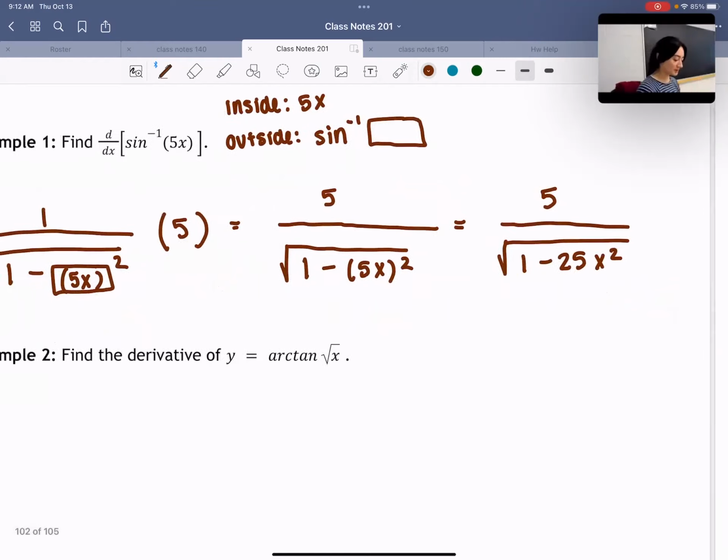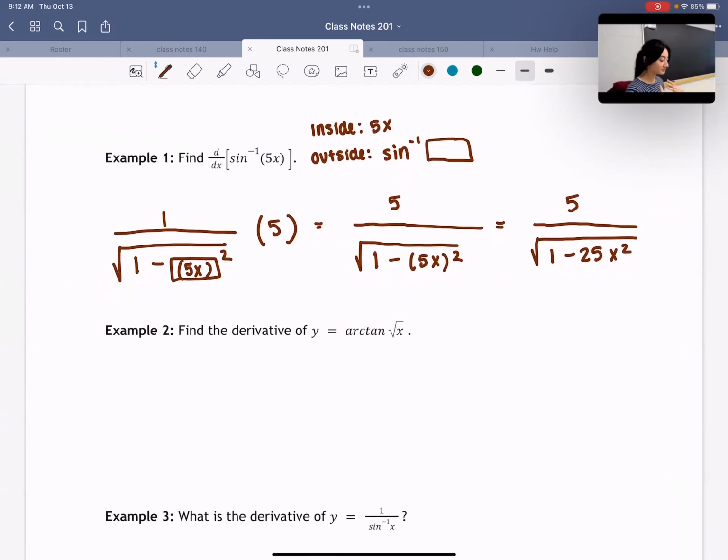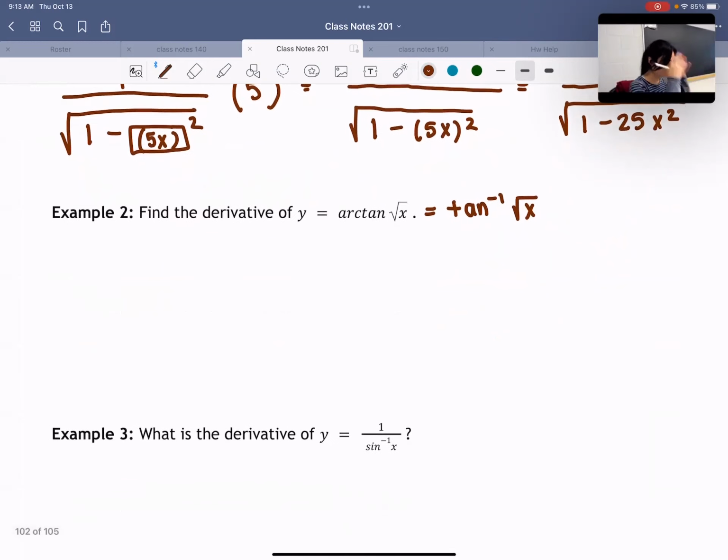Okay, so I know I gave you a different version of how we say this trig function here, but our tangent is still inverse tan. Okay, so if it makes you feel a little bit better, you can always rewrite this as tan^-1 of square root x. Okay, so looking at this, what sort of rule are we going to use?